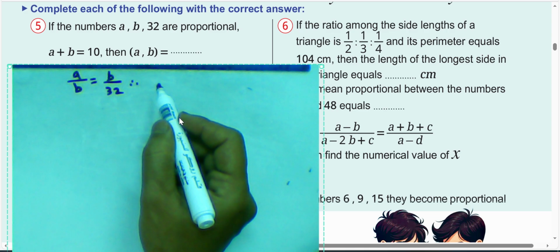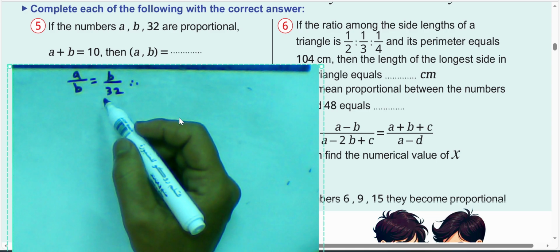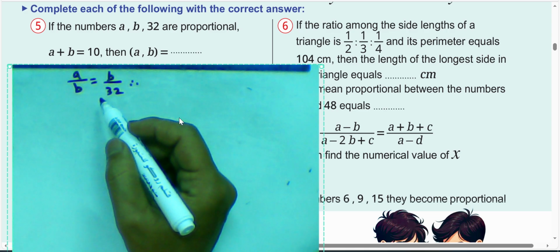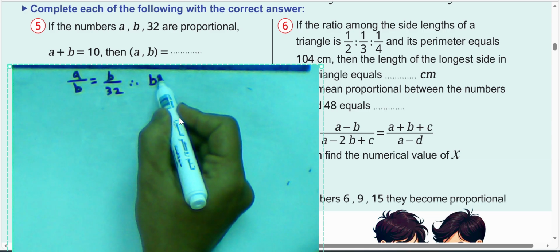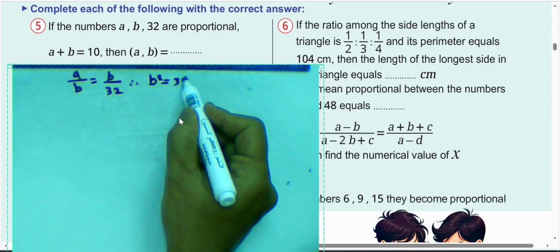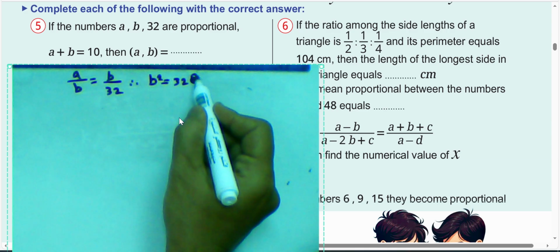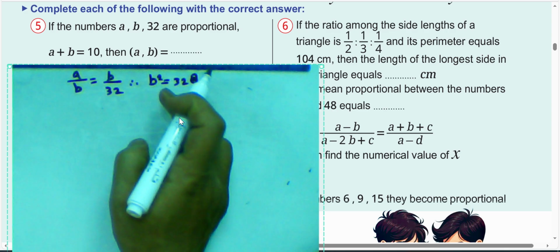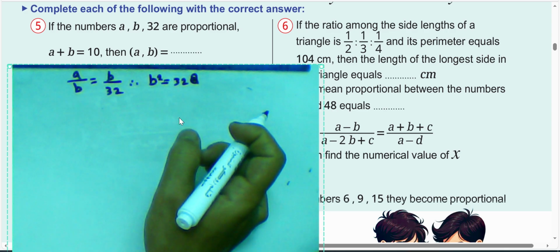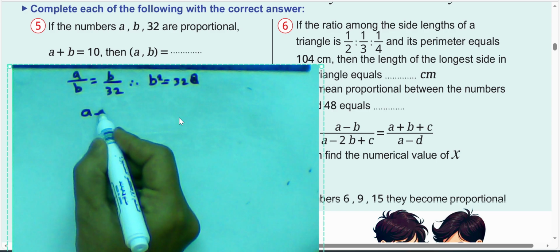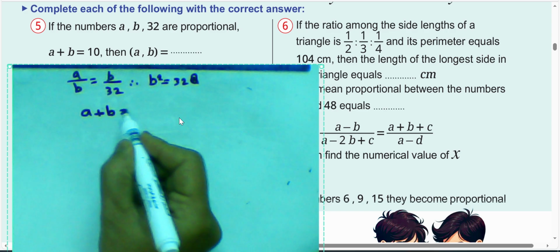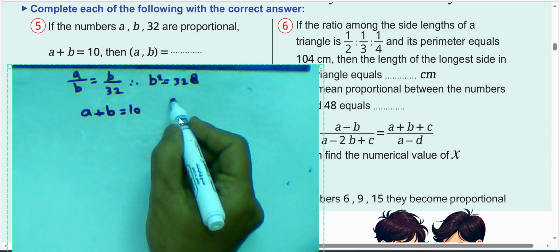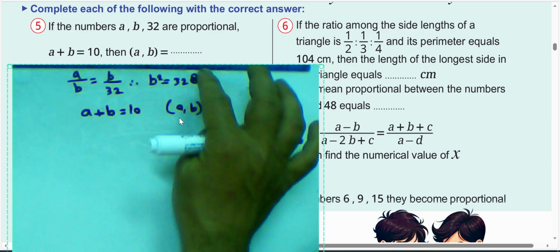If we multiply, b times b will be b squared equals 32a. The product of extremes equals the product of means. Then b squared equals 32a. He gives me the relation a plus b equals 10, and he wants to find the order of a and b.